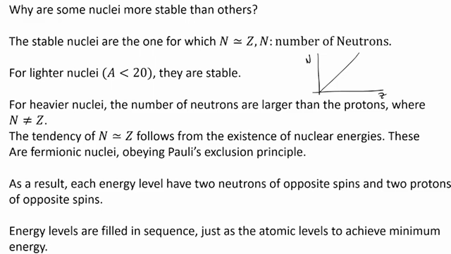Energy levels are filled in sequence, just like the electronic or atomic energy levels, to achieve the minimum energy. Okay. So, N equal to Z is a good condition, and as you deviate from that, these become unstable, and the instability leads to the decay of the nuclei in terms of radiation.